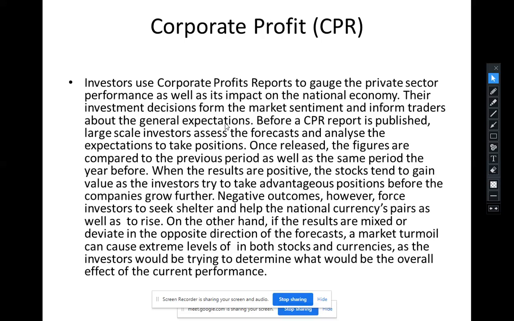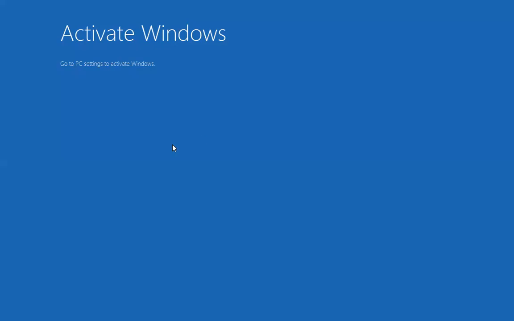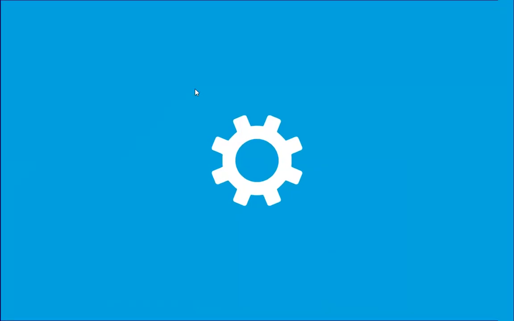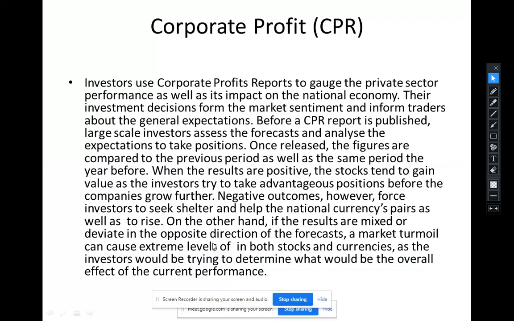When the results are positive, the stock tends to gain value as the investors try to take an advantageous position before the company grows further.